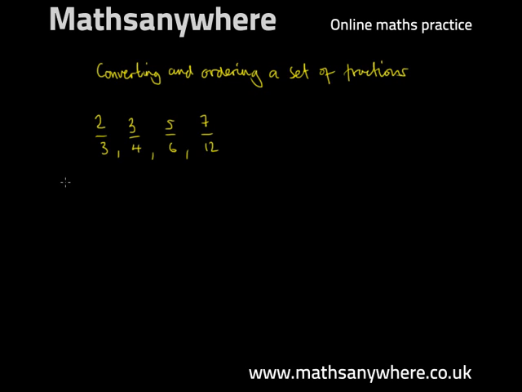So if we take the 3 times table, 3 is in the 3 times table, so we'll write that out. 6 is the next number in the 3 times table, then 9, then 12, then 15. We'll stop there. If we don't find the lowest common multiple, then we can extend our times tables.